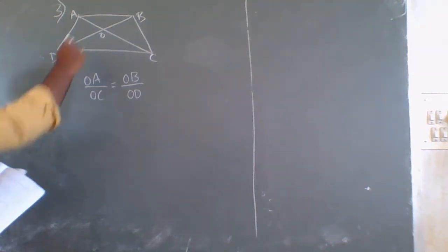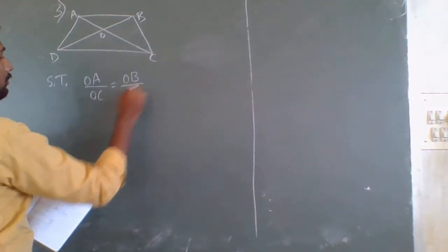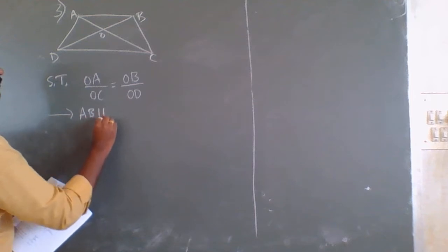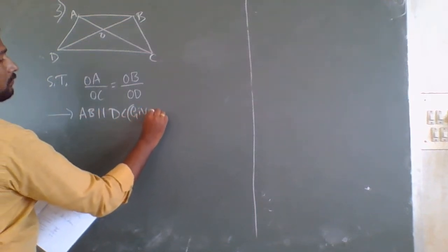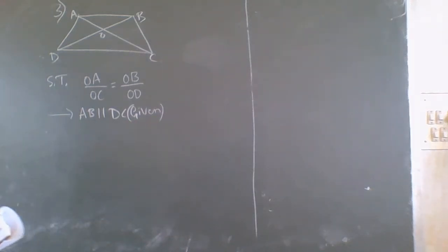Here this AB is parallel to DC. They are given that AB is parallel to DC, and the diagonals intersect each other at point O.